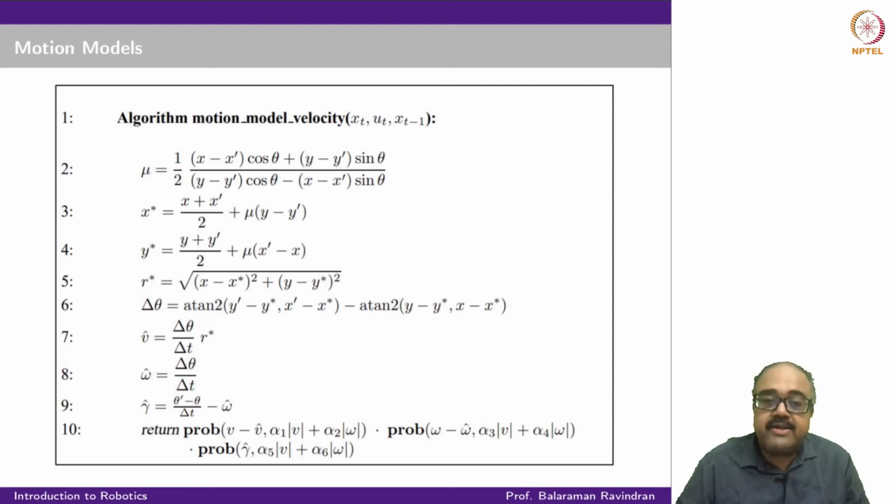So now the noise question, the probability question, becomes: given that I applied v and omega as the actual actions at time t, what is the probability that the effective actions that were applied to the robot are v hat and omega hat plus gamma hat? Ideally I would like v hat to be equal to v and omega hat to be equal to omega.